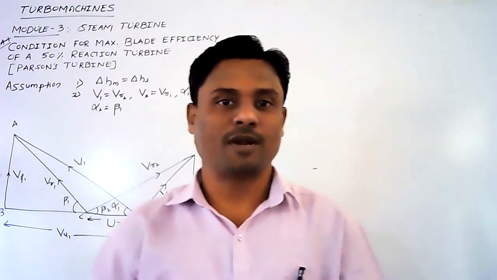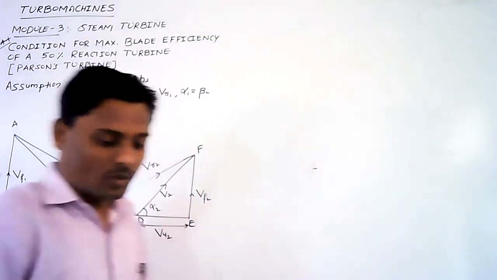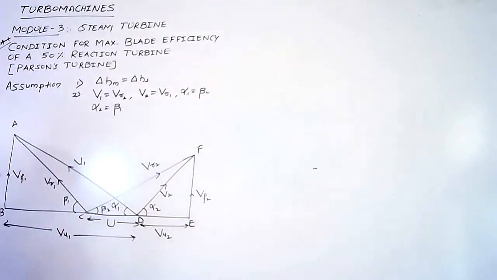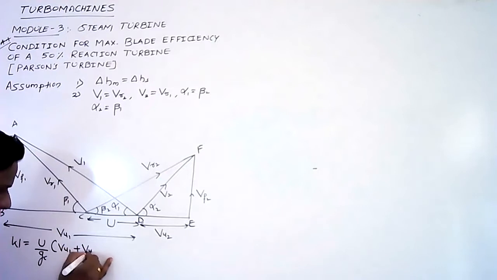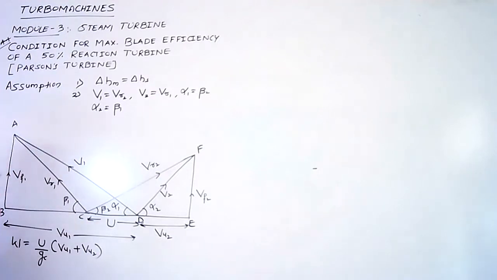What is the work obtained from the runner? The equation for work done per kg of steam is given by U by gc into (Vu1 plus Vu2). So this is the basic equation for work transfer here.